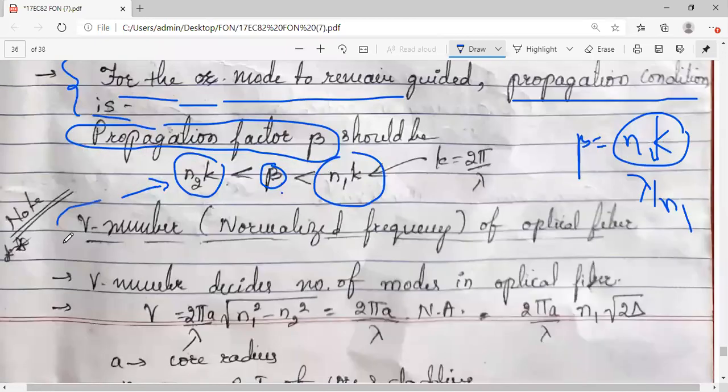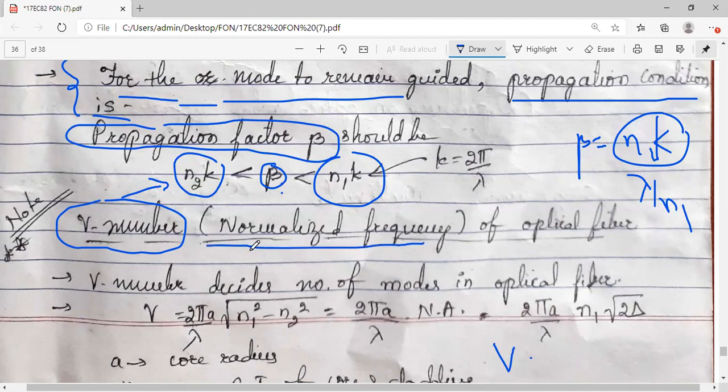And you come across one new term, we call it V number. V number indicates the normalized frequency of an optical fiber. It is very important as we go for the classification of step index and graded index optical fibers.